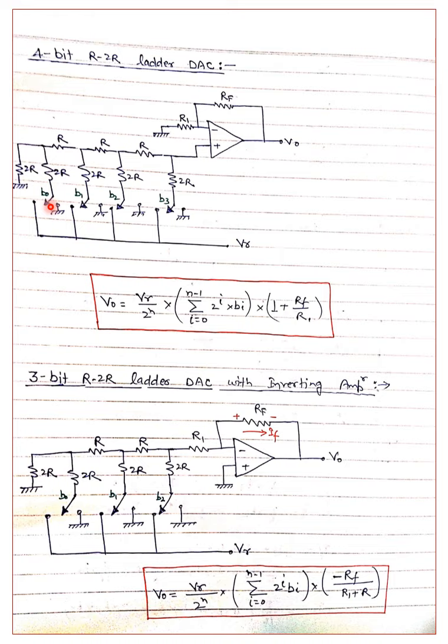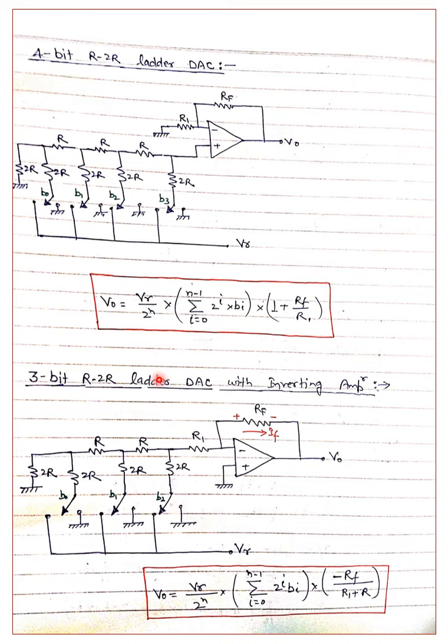As we solved for the 3-bit R2R ladder DAC, similarly, by considering one bit on at a time and the other bits off, we can calculate the output voltage, and then by using the superposition theorem we can calculate the final output of this R2R ladder DAC.